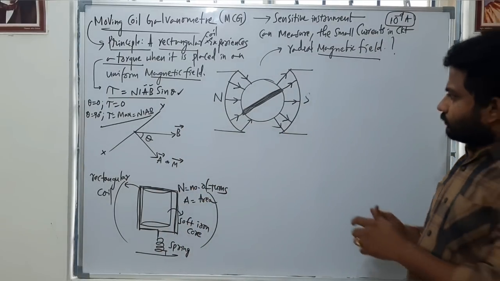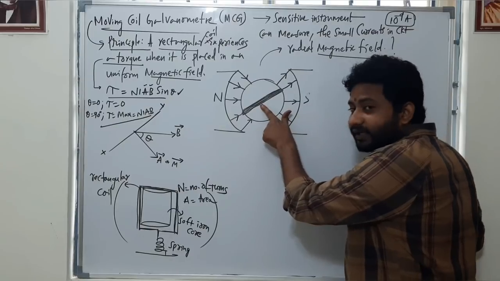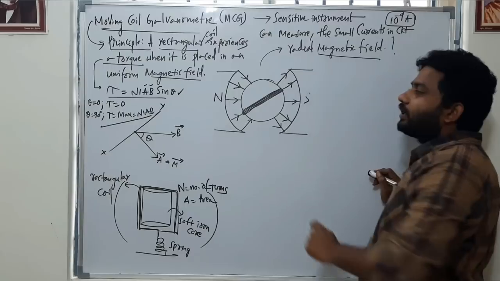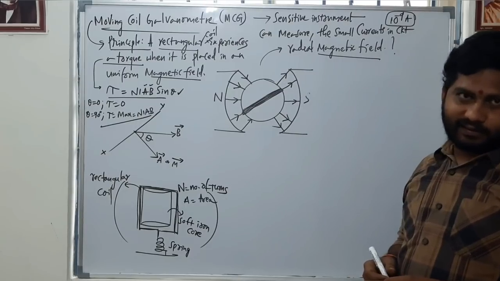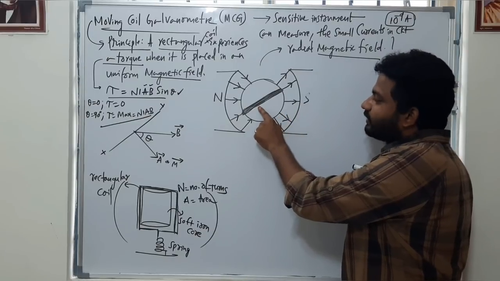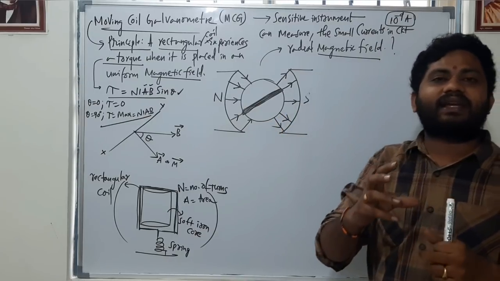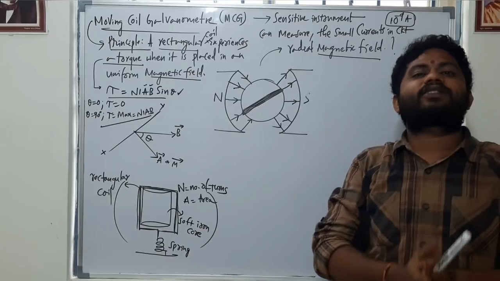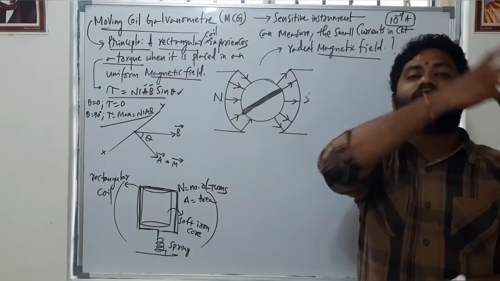Now, carefully see. This is the rectangular coil. When a current passes through the rectangular coil, what happens? As it is kept in the magnetic field, the rectangular coil will deflect, yes or no. There is a torque experienced by the rectangular coil and it starts rotating.